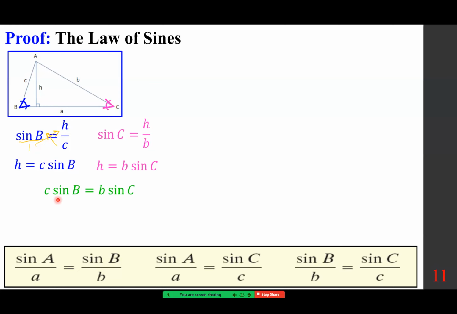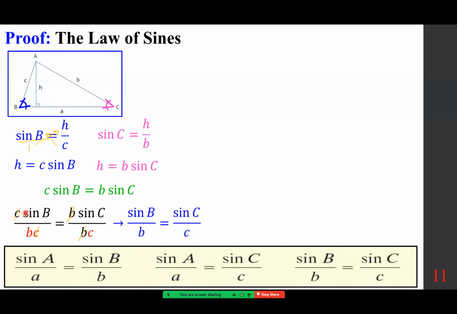If we divide both sides by lowercase c times lowercase b, in other words, divided by bc, c drops, and b will drop from the bottom and the top, and we get sine B over b equals sine C over c.